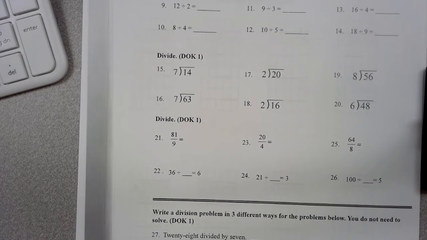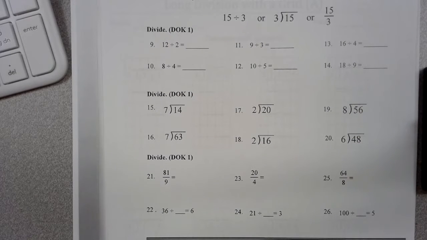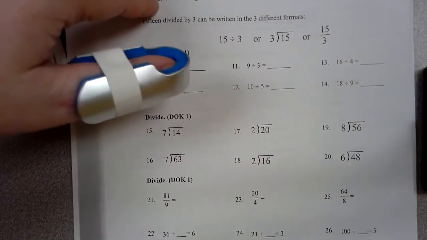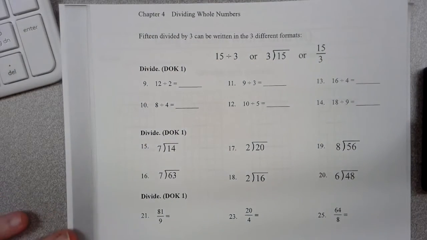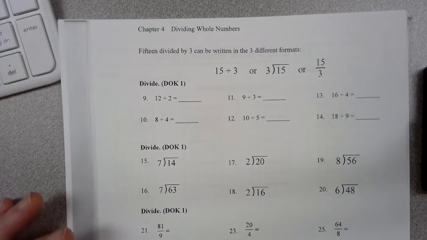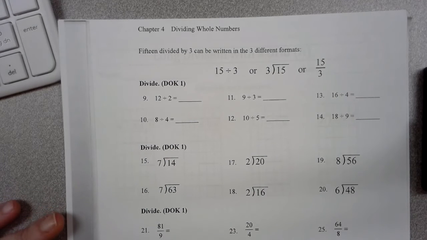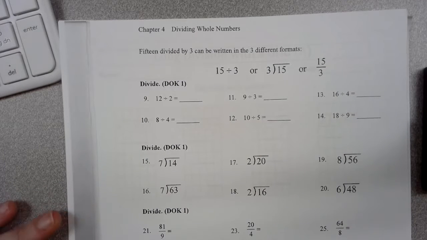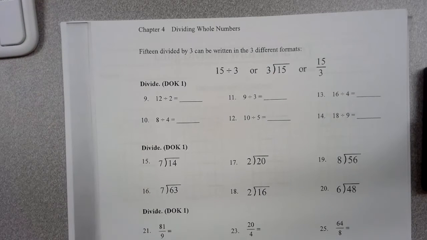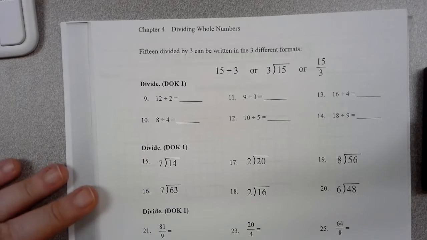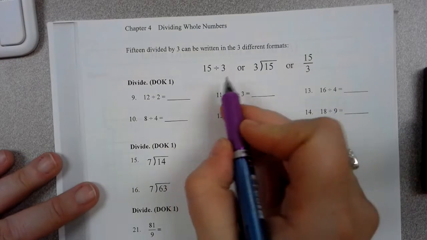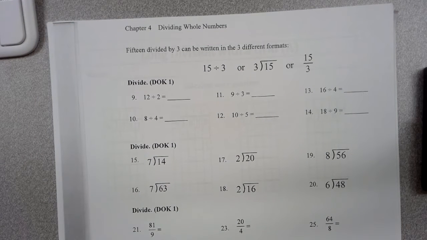And the next page is something that we're just going to work with, okay? So we're just introducing this. We're dipping our toe in, okay, guys? We're dipping our toe because y'all, unfortunately, did not get to do much of this in the spring semester. So this is 15 divided 3 different ways with 3 different formats.